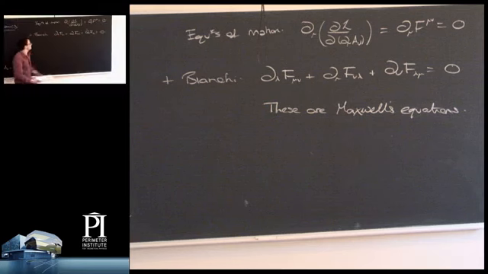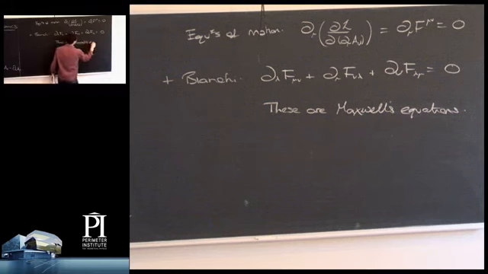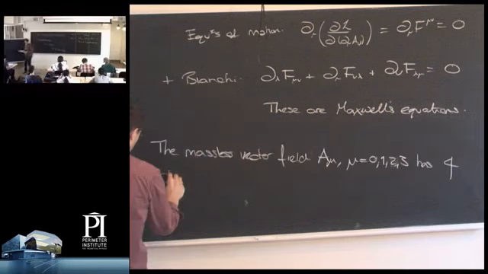OK? So that identity holds. And this set of equations is called Maxwell's equations. OK, so this was set as an exercise in the very first week, to derive Maxwell's equations from this Lagrangian. But is everybody happy with this notation, these ideas?